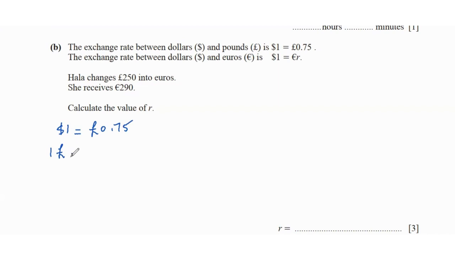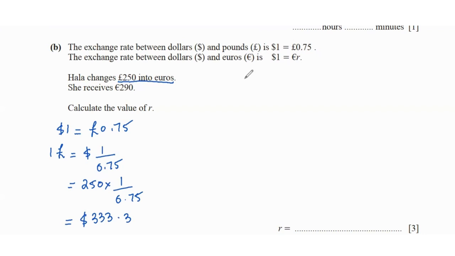So 1 pound will equal to 1 over $0.75. So to convert 250 pounds into dollars first, we'll do 250 times 1 over 0.75, which is basically $333.3.